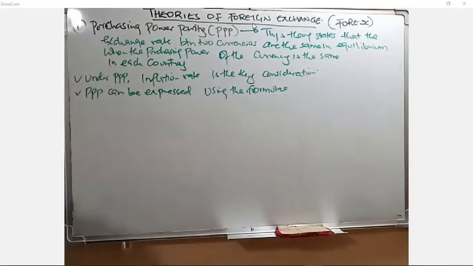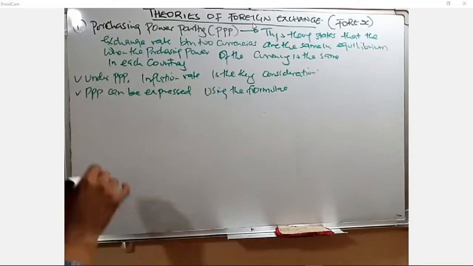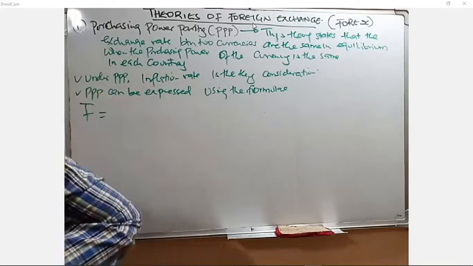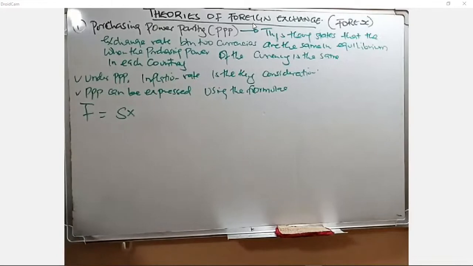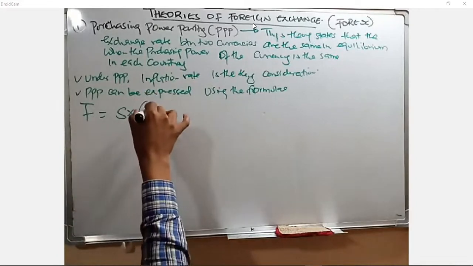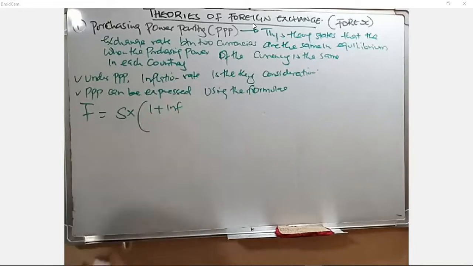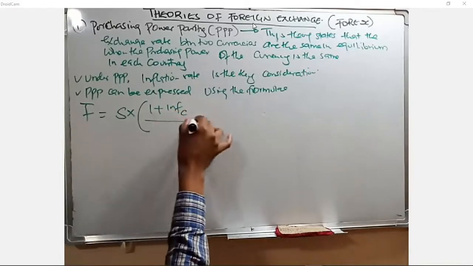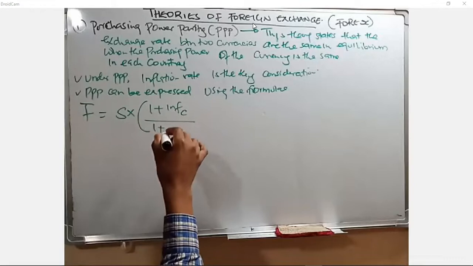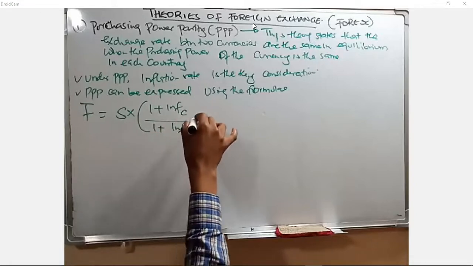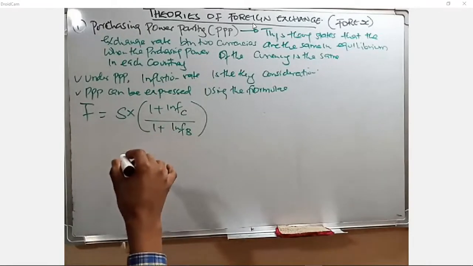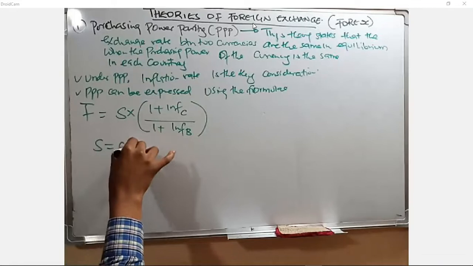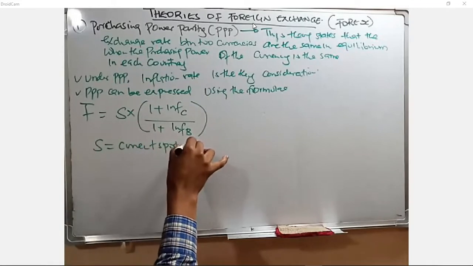Because most probably the examiner is going to ask how to calculate the spot rate or the forward exchange rate, we say to get our forward exchange rates, we take the spot rate times, as we have said we are comparing inflation rates, 1 plus inflation of country C over 1 plus inflation of country B. Here S is the current spot rate.